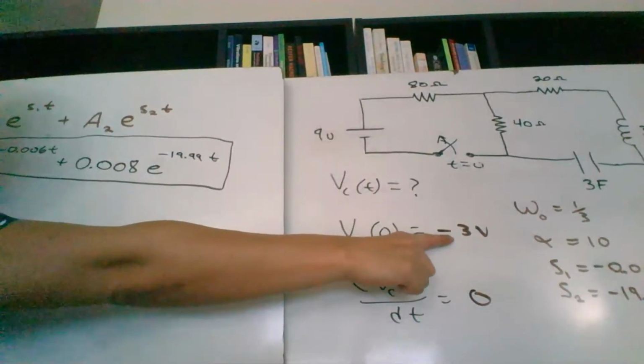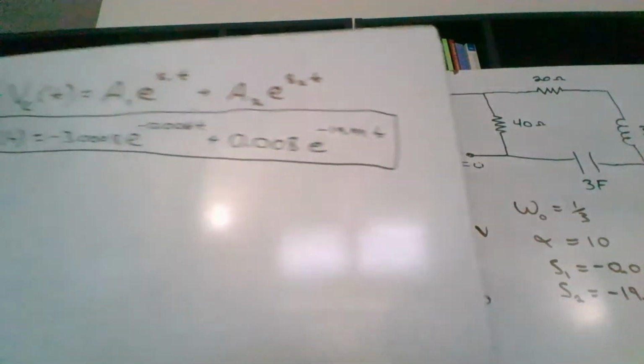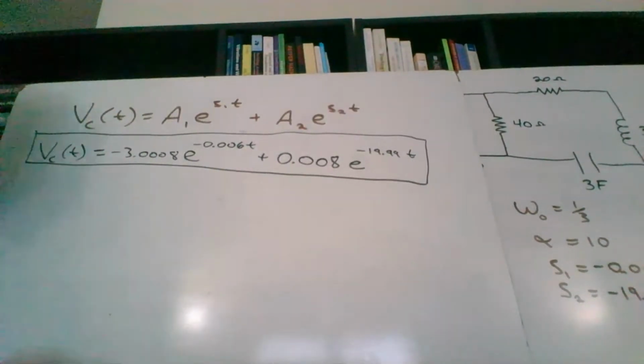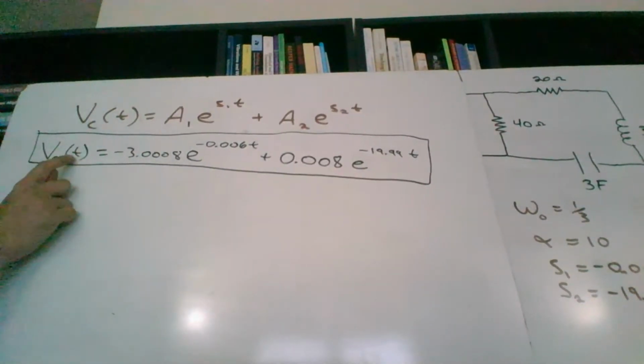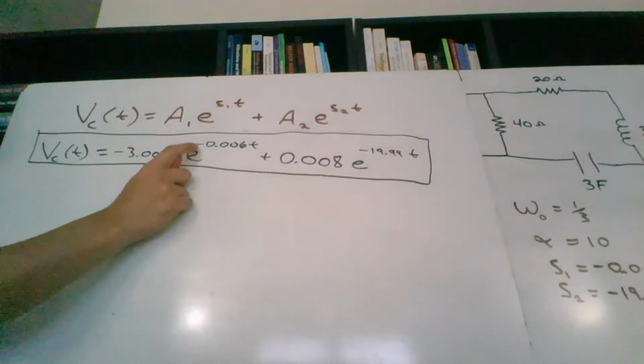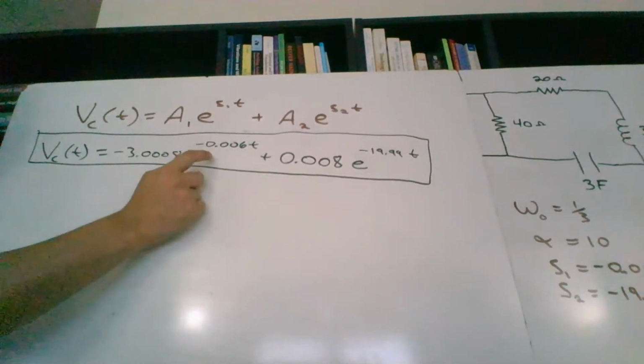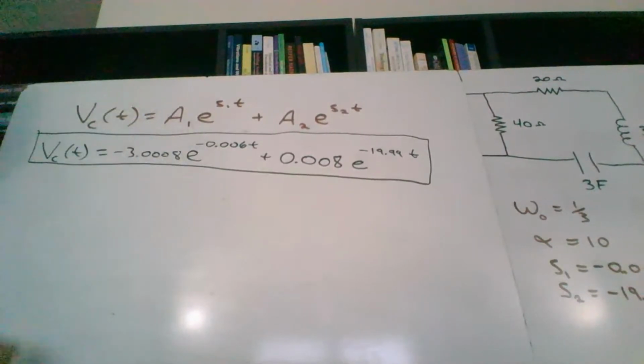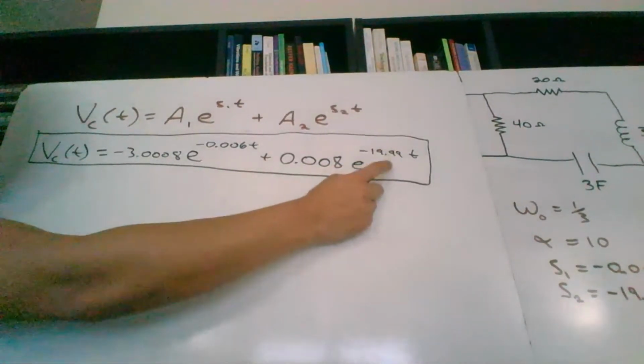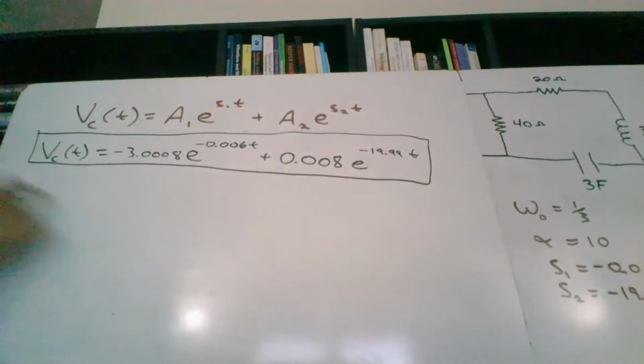And then at time equals infinity, if you plug infinity in here, you get e to the power negative infinity, that's 0. So you get 0 times this, gone. And over here, you also get 0. So at time equals infinity, you get 0. We are good.